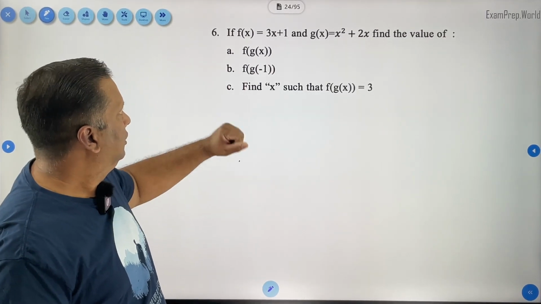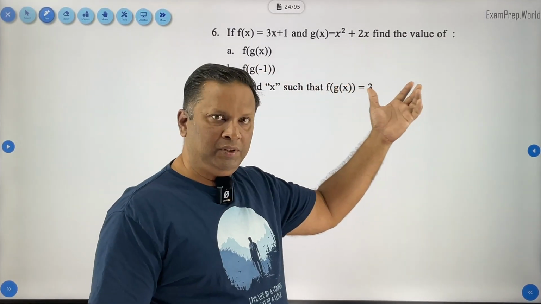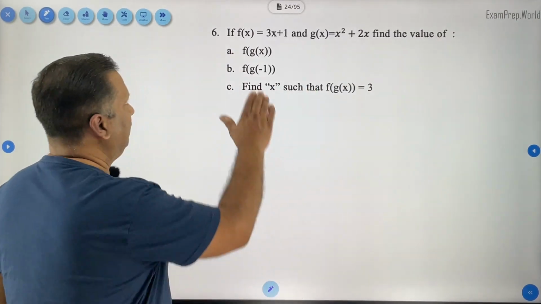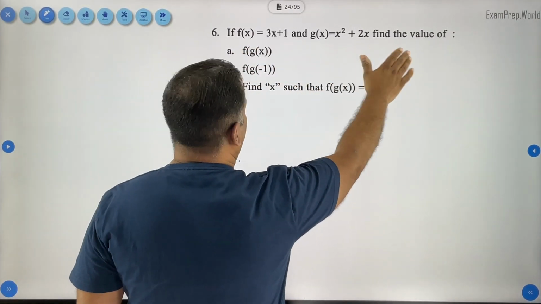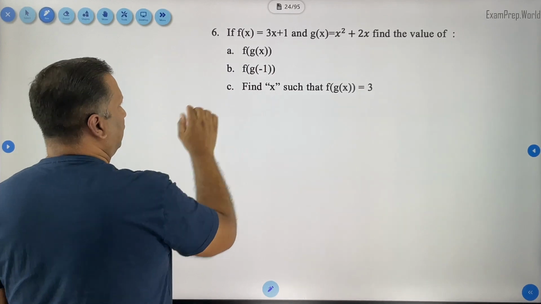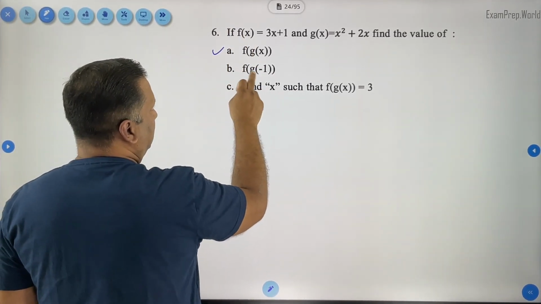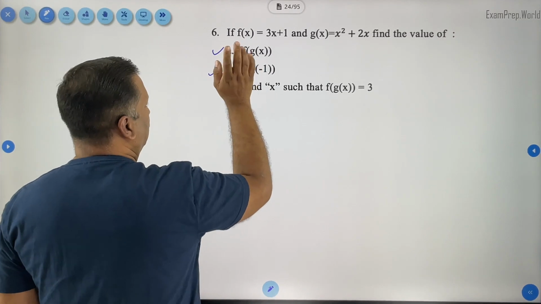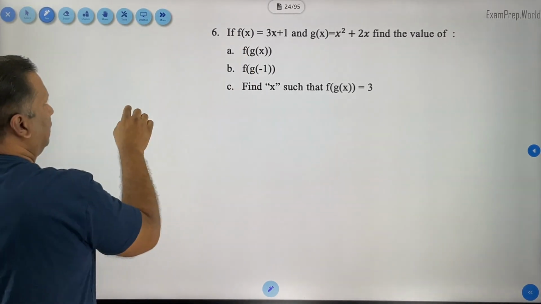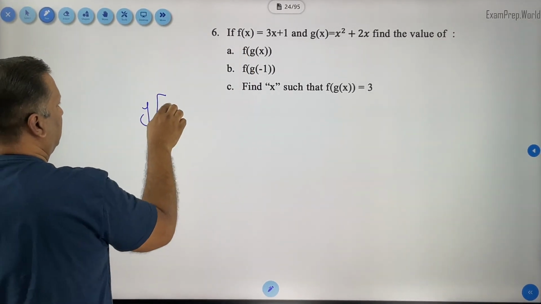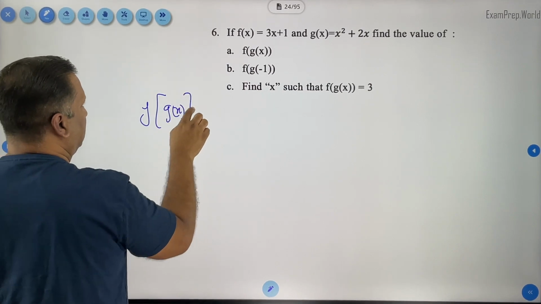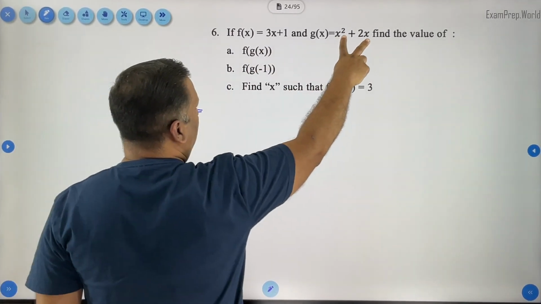Now here, same thing which we have done previously. They have given f(x), they have given g(x), and they are asking us to find the value. First they are asking us to find the expression, then we will input negative 1 in that. Okay. So let's do that. F of g of x, wherever x is there, we will input all this thing.